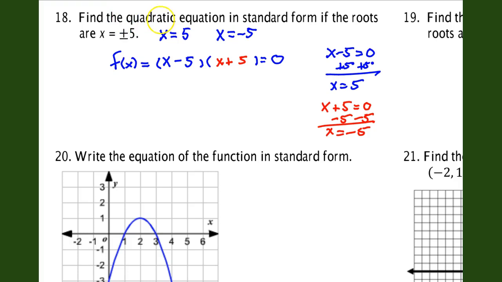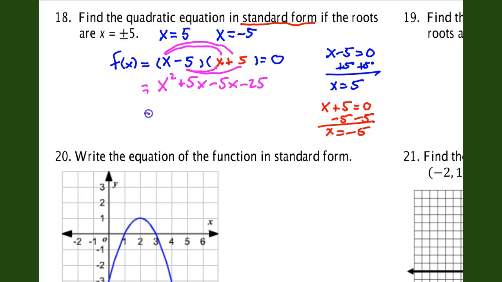Now they want it in standard form. This is factored form, which basically means you need to multiply this all together. So we'll have x squared plus 5x minus 5x, and then minus 25.